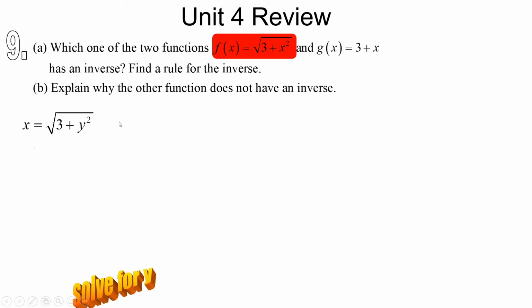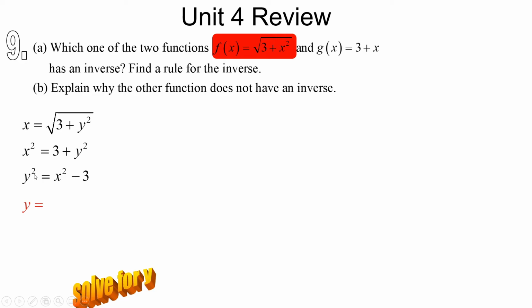So solve for y. Well, if I'm going to solve for this y here, I better get rid of the radical. So I'm going to square both sides. So I've got x squared equals 3 plus y squared, which means y squared would equal, and what we have to do is subtract 3. So y squared has to equal x squared minus 3. And now we have to get rid of the square, so let's square root both sides.